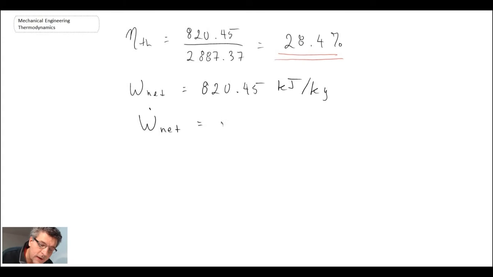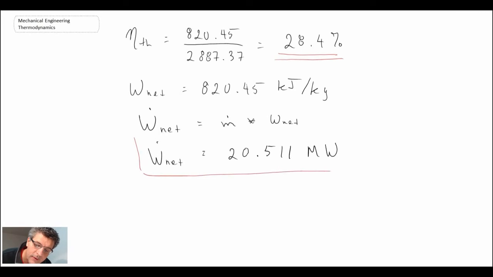The net power output is just going to be the mass flow rate multiplied by the work per unit mass that we just calculated. And what we get is that this plant has a power output of 20.511 megawatts. So that concludes this example problem.